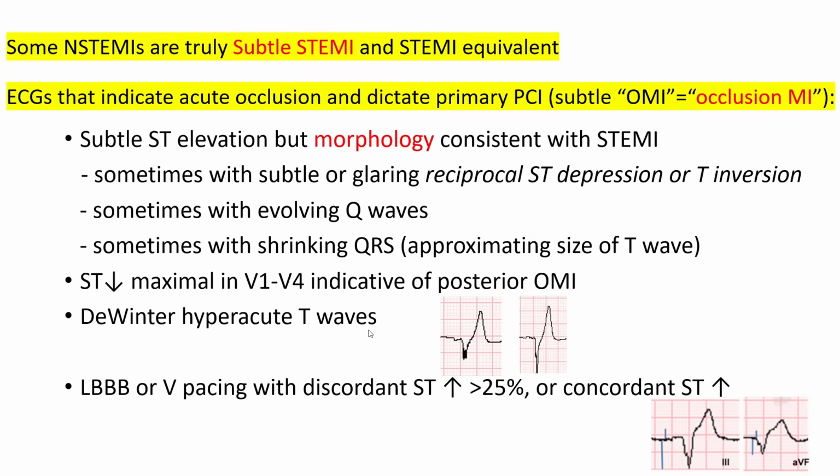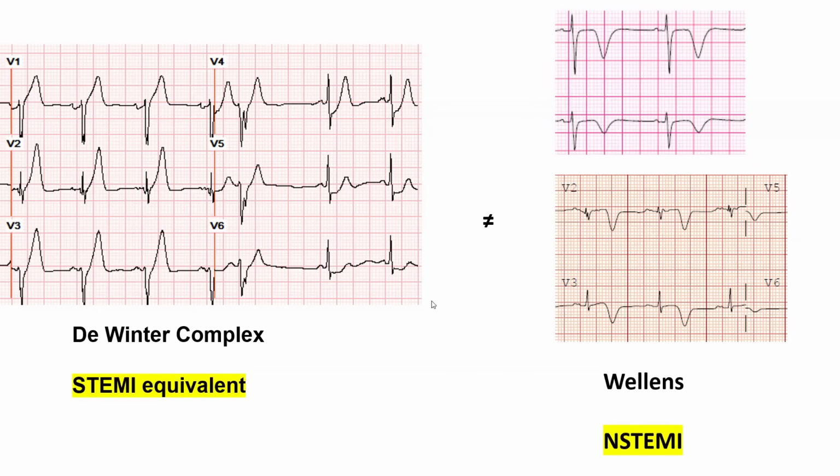That's a STEMI equivalent. Then the fourth one is left bundle branch block or V pacing with a discordant ST elevation that is over 25% of the QRS or concordant ST elevation. So those are STEMI equivalent. This is another illustration of the DeWinter complex.